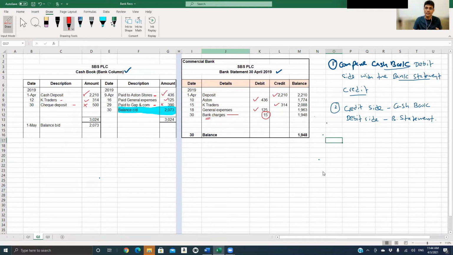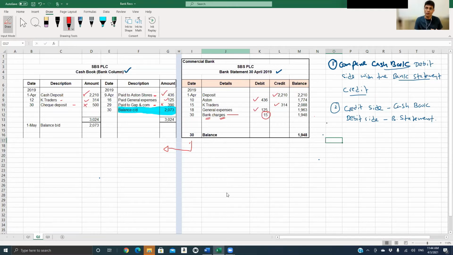Because we got the bank statement at the end of the month. Am I right? So therefore, we did not record it until we get the bank statement. Until we get the bank statement, we will not know how much the bank charges would be.